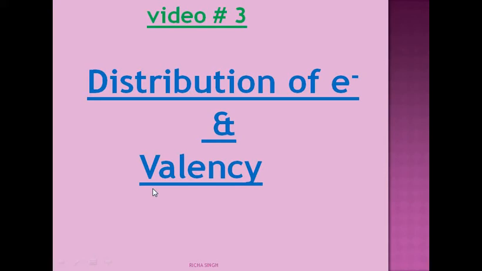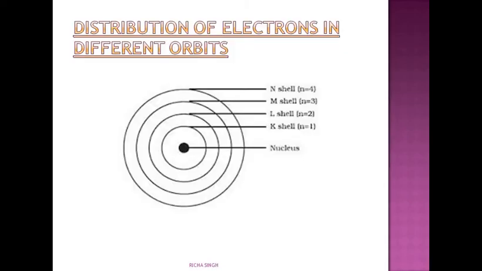The arrangement of electrons in various shells of an atom of an element is known as electronic configuration of the element.